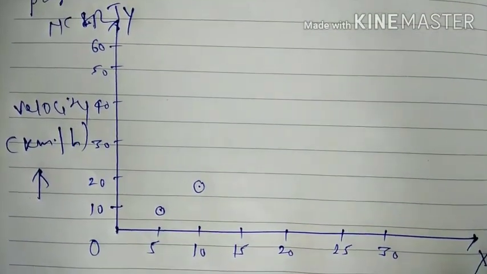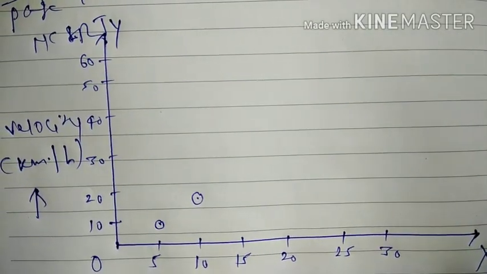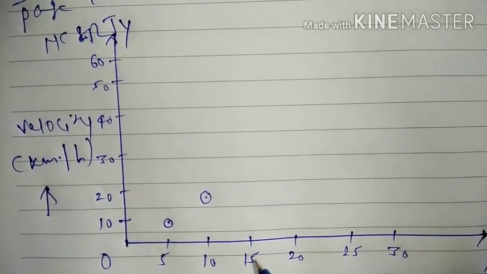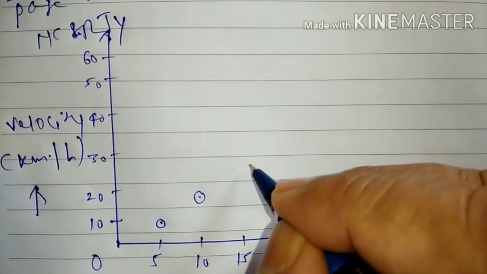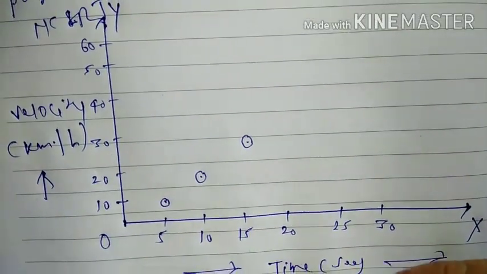When time is 15 seconds, then what is the velocity? After 15 seconds, the velocity is 27. So above 15, nearly this will be 27 kilometer per hour.